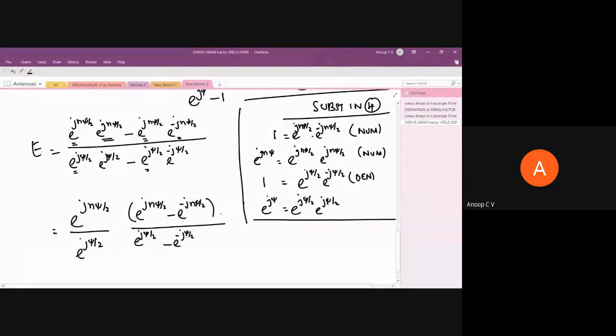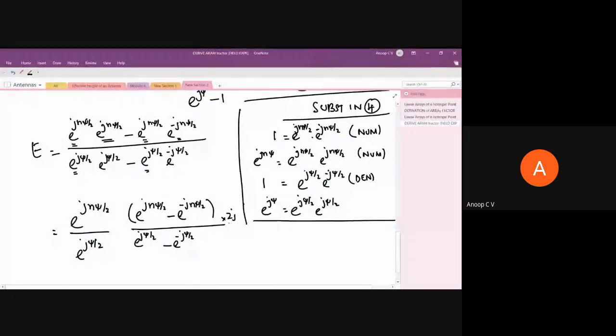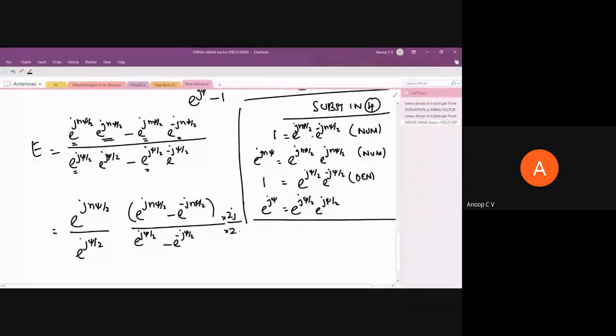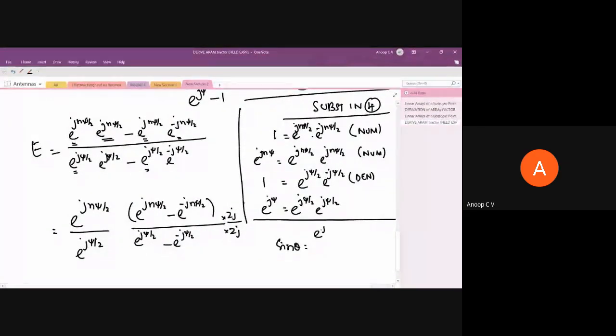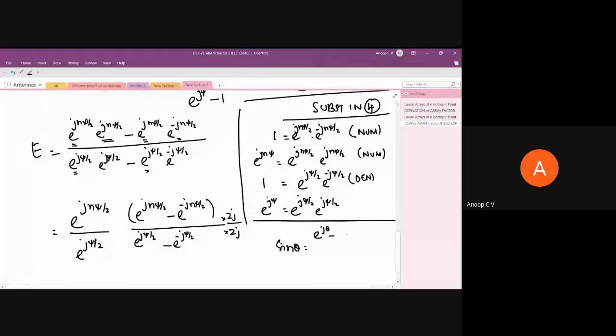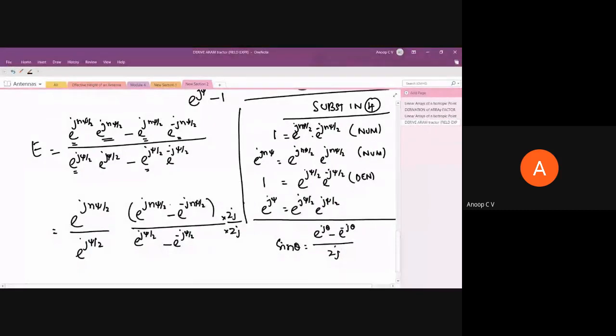So if I multiply and divide with a 2j, you know sine theta can be expressed as e power j theta minus e power minus j theta divided by 2j. So the numerator divided by 2j will become sine n psi by 2, and the denominator divided by 2j will become sine psi by 2.